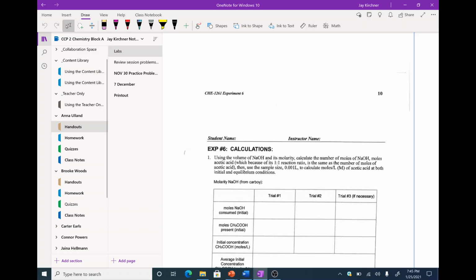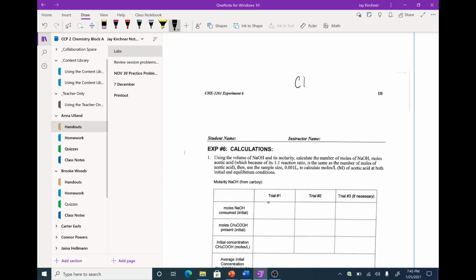What we had for the reaction was ethanoic acid, also known as acetic acid, CH3COOH, plus basically propanol, CH3CH2CH2OH.